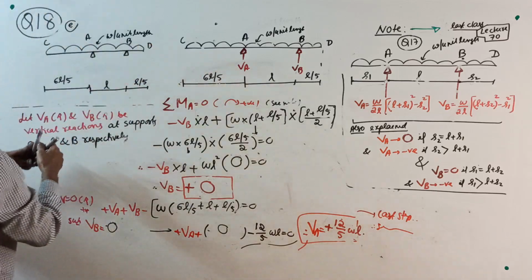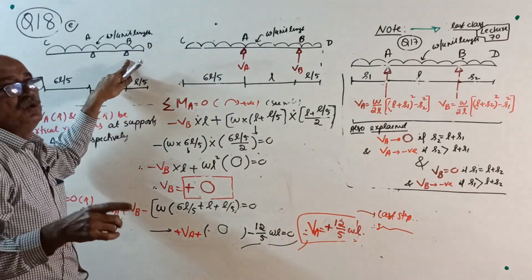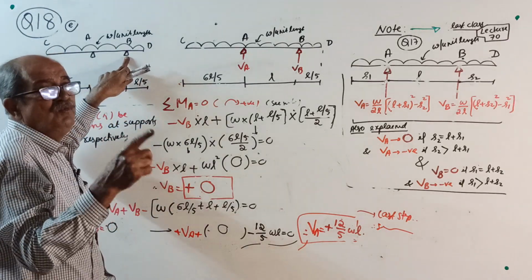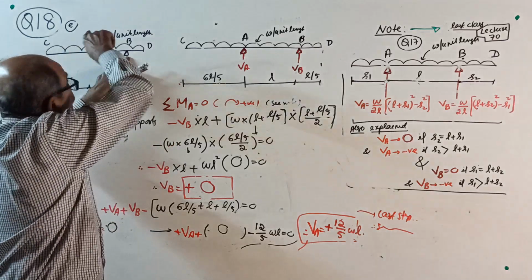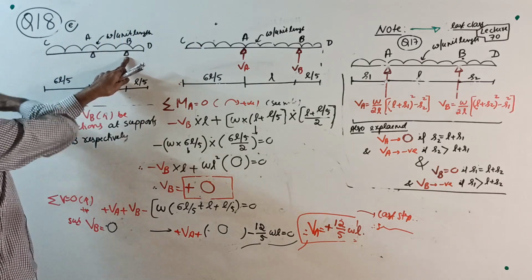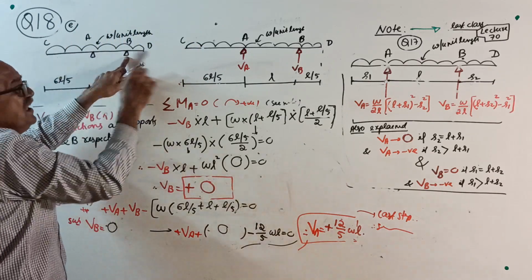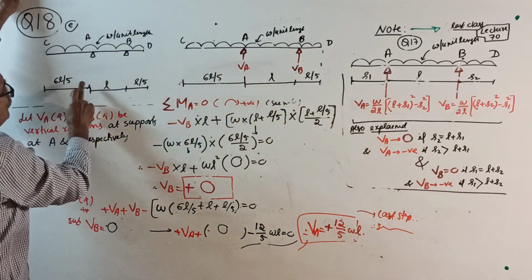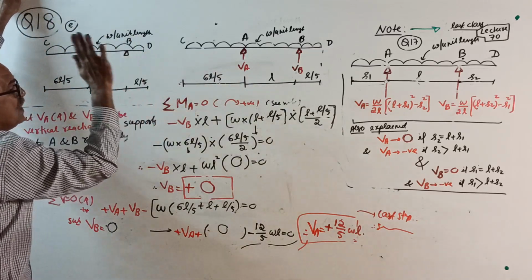Okay. See, if anything is forgotten, or if a number is not changed, don't make an issue of that one. You are sticking to the same format. Now see, my purpose is to play with the VB value. I want VB 0. I told you VB will be 0 only for UDL. If the other overhang is equal to the sum of these two, 1 by 5, 6 by 5 equal to 1 plus 1 by 5, oh, equal.